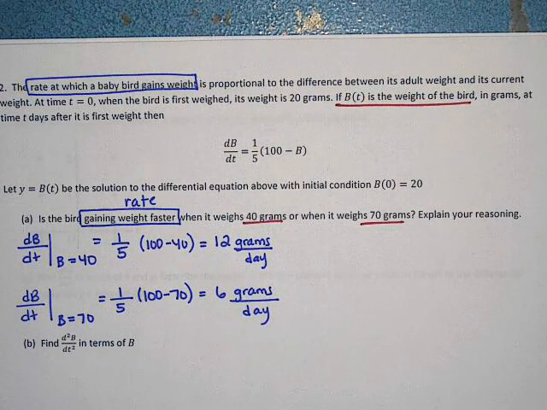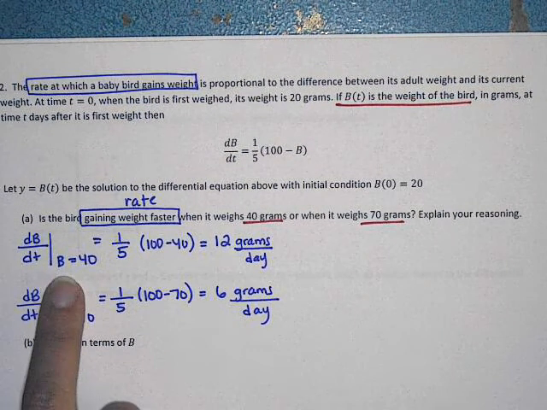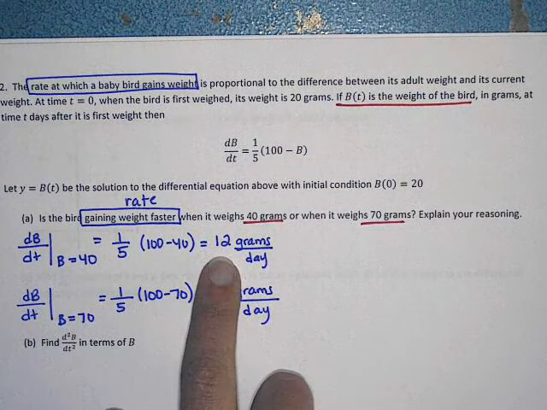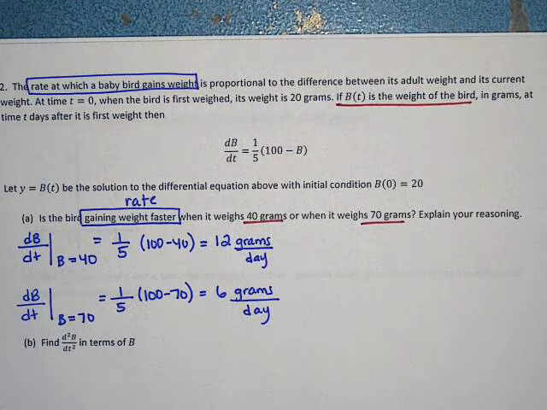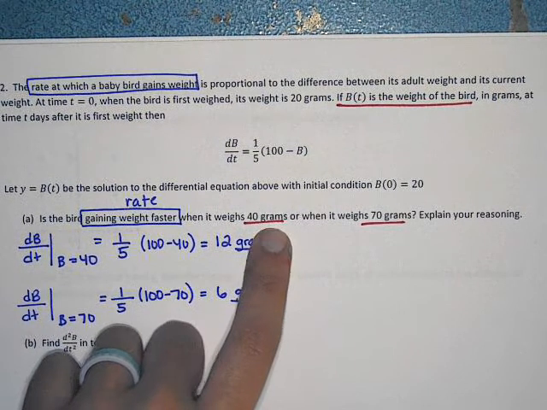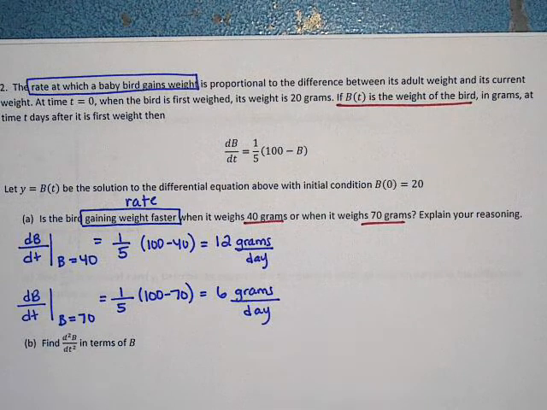Well, if you look at how fast kids or baby birds grow, they're going to gain weight much faster when they're young and they weigh less to begin with than they are when they're an adult. Theoretically, as an adult, you shouldn't be gaining a lot of weight every year. So it makes sense that the baby bird is going to gain weight faster when it is younger, when it only weighs 40 grams to begin with, than later on in its life.